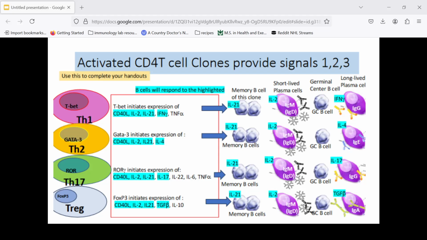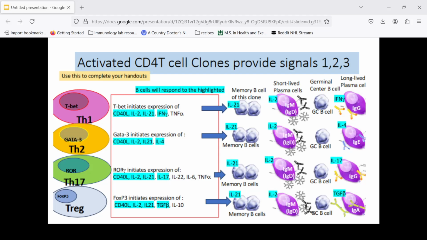In terms of the class switching, I was talking about this with her earlier because there was a question yesterday that the other ULAs and I were confused about. She asked about T follicular helper cell function and said that there would still be class switched B cells, and we were confused about that. So I talked to her about it.